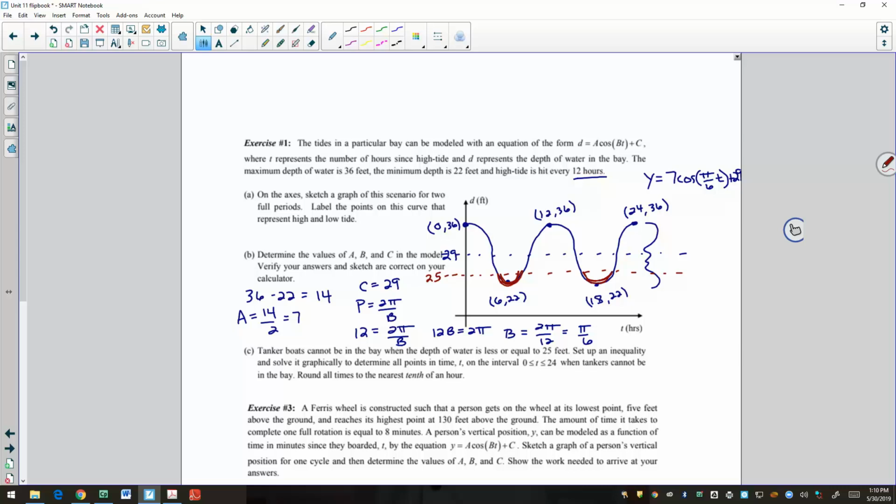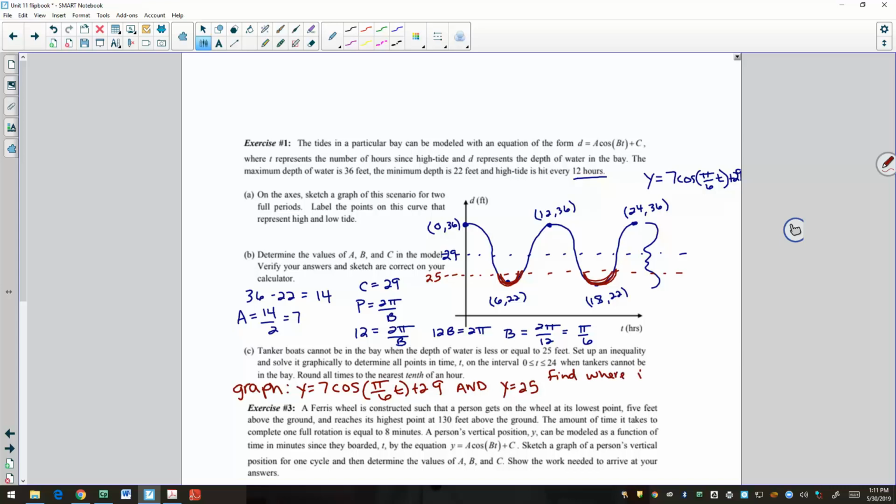This is where you would take your calculator. You would graph the following two equations. You would graph our cosine curve, 7 cosine of pi over 6 t plus 29. You would also graph y equals 25. You're going to find where they intersect.